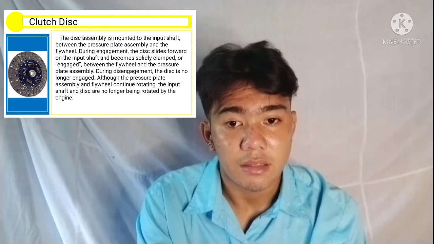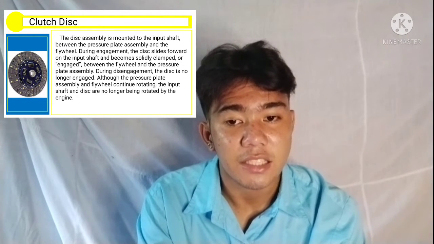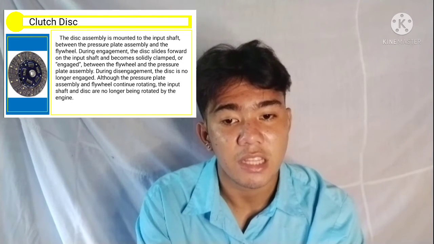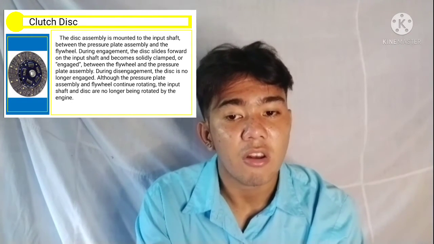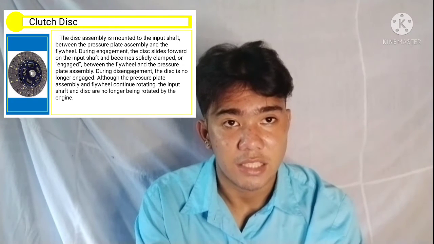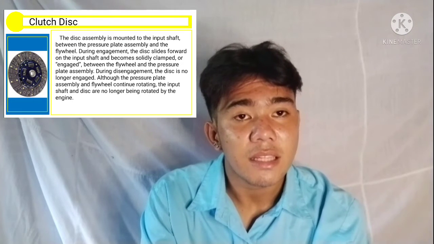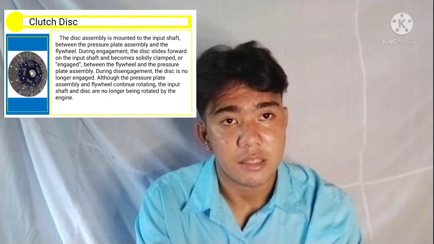During disengagement, the disc is no longer clamped. Although the pressure plate assembly and flywheel continue rotating, the input shaft and disc are no longer being rotated by the engine. So, you may see the actual image of the clutch disc.